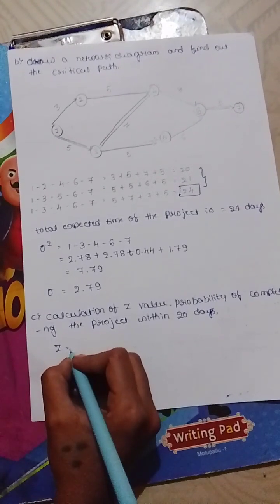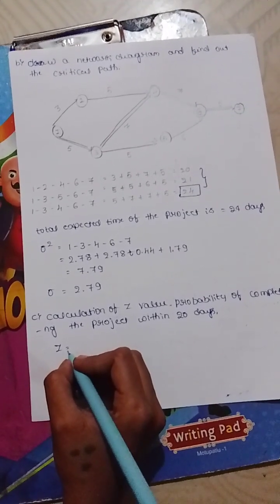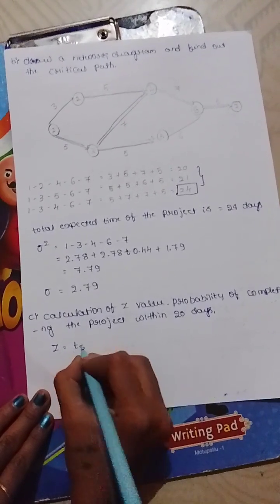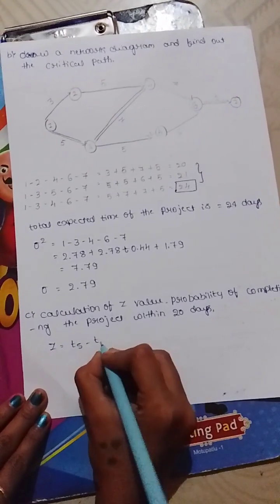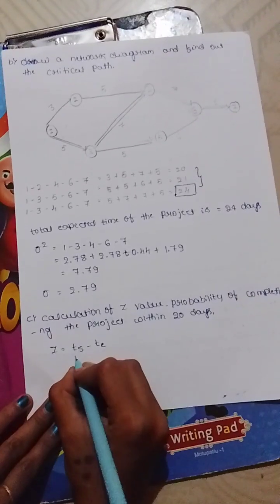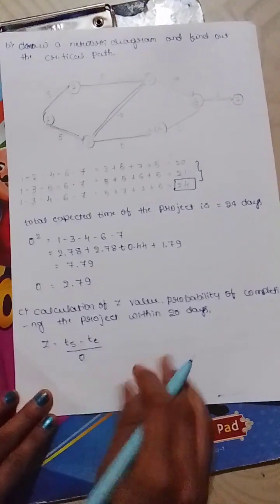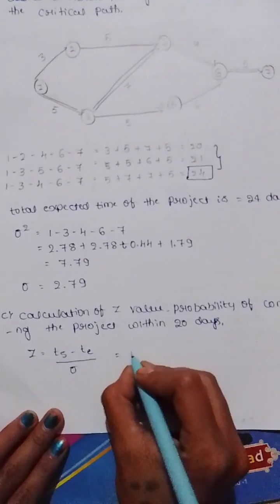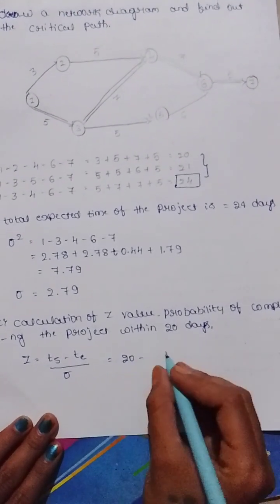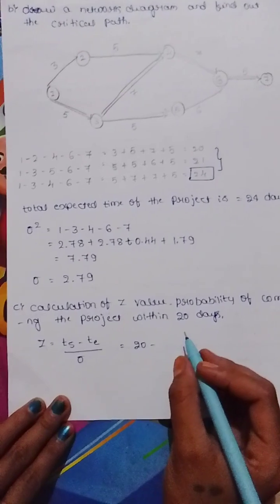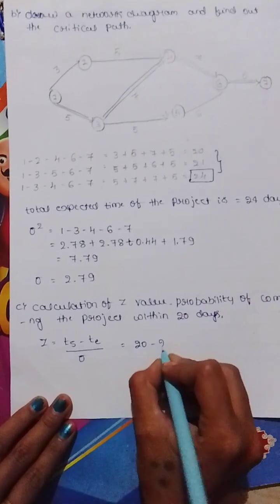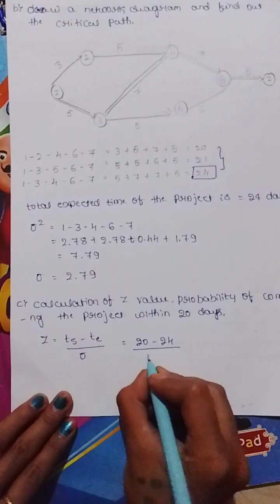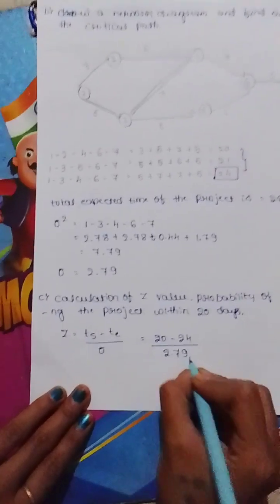Z equals stipulated time minus expected time of the project, divided by standard deviation. The stipulated time is already given in the problem, that is 20 days, minus the expected time of the project, 24 days, divided by the standard deviation of the project, 2.79.